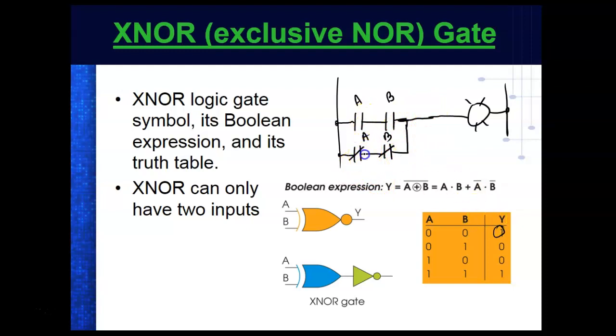B is still closed, so we get that one. If I press B, then this contact opens and this closes, but A is closed here and this is open, so I get this one. If I press A and B, then these two open, but the top two close. So that's the way we would wire contacts to get an exclusive NOR.